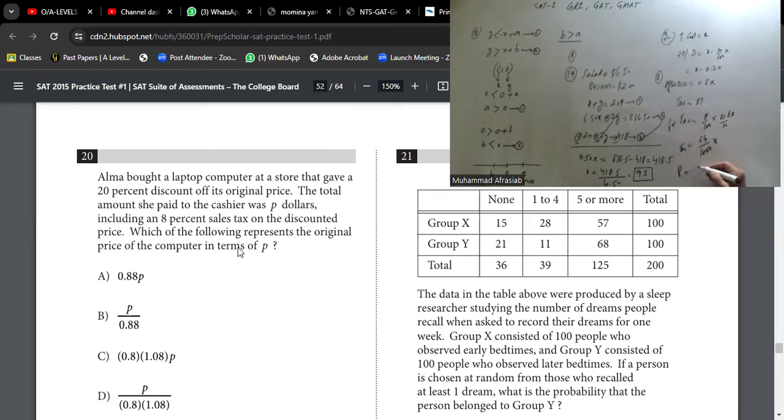So the total price they have paid is equal to 0.8x plus 8%, that means 0.08 into this 0.8x. 0.8x is common, so we can write it as 0.8x times (1 plus 0.08).